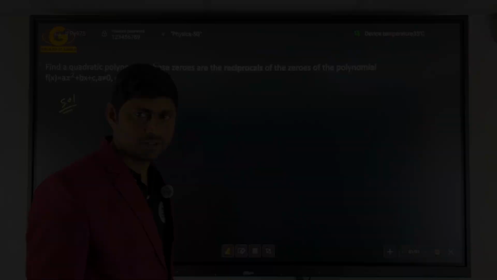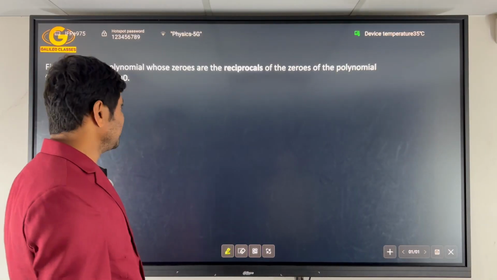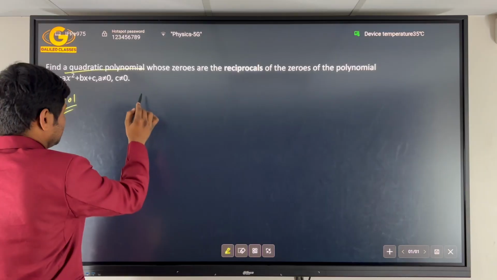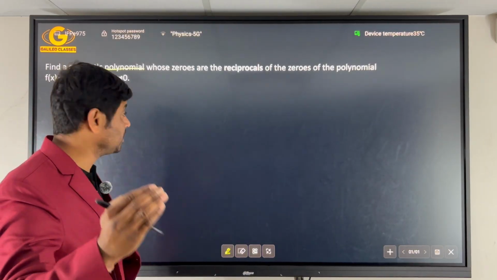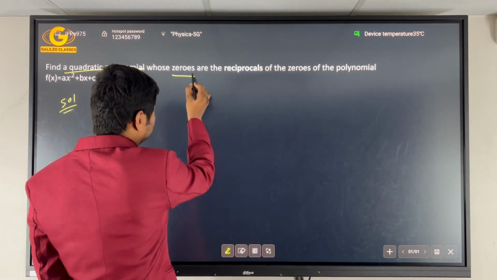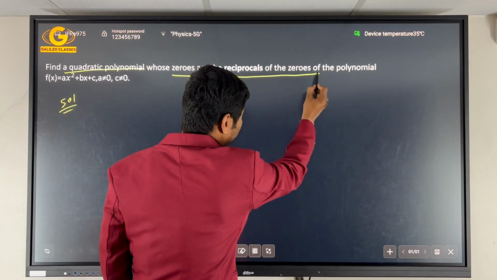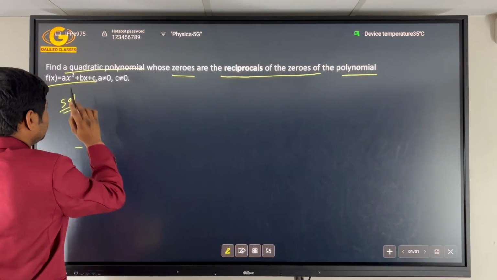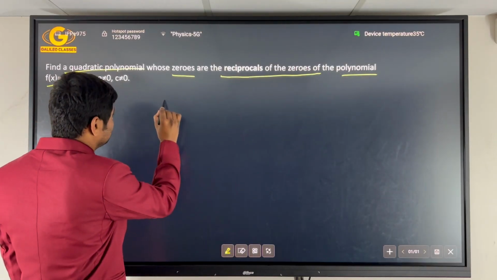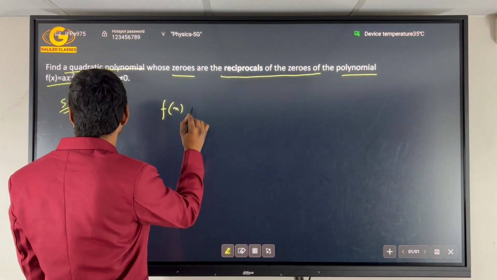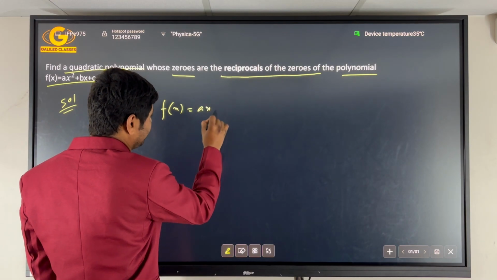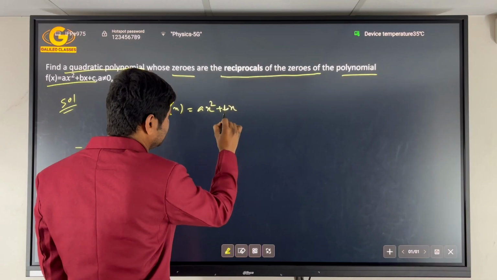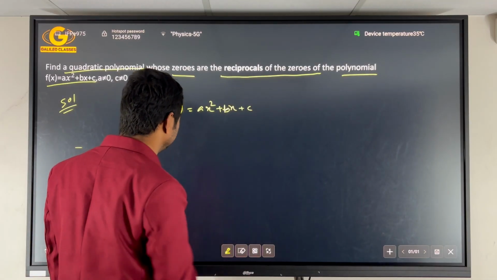Okay. The next question of the polynomial is, find a quadratic equation. Here we have to find a quadratic equation whose zeros are the reciprocal of the zeros of the polynomial. So the given polynomial is f of x is equal to ax square plus bx plus c.